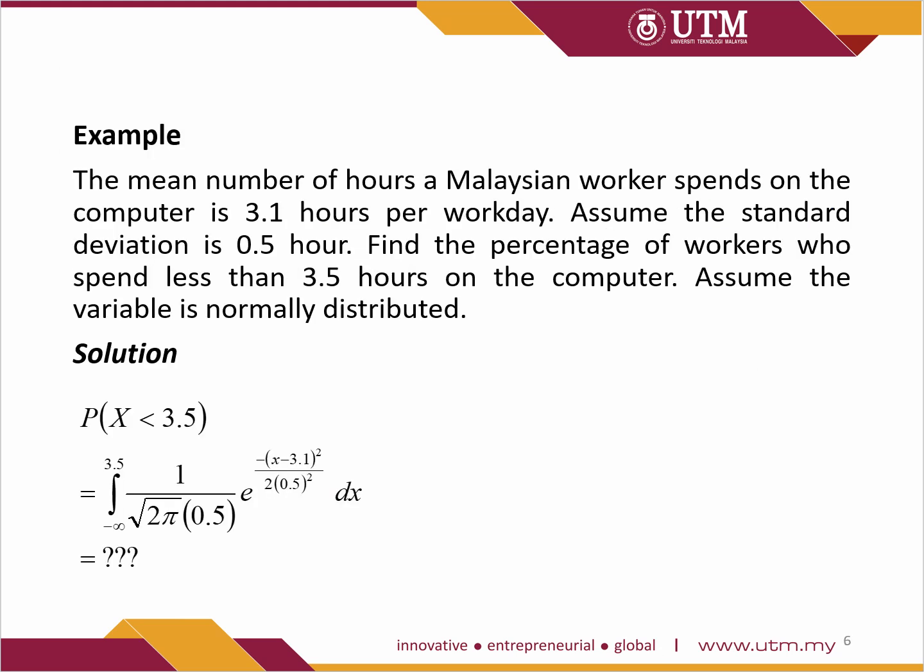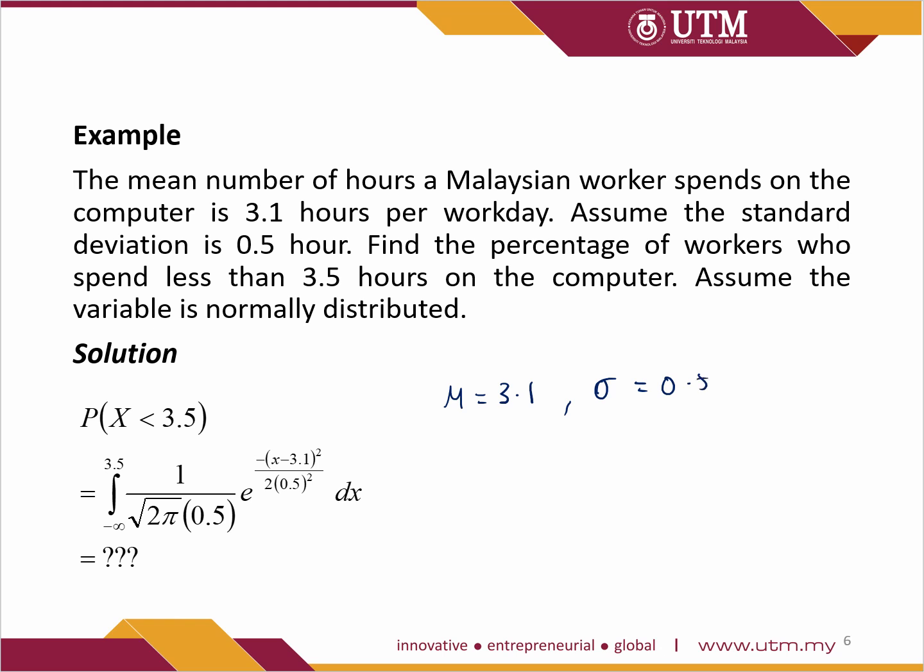So let's try this example. Given that the mean number of hours a Malaysian worker spends on the computer is 3.1 hours per workday. So here we have our mean, which is 3.1. And here we have the standard deviation, which is 0.5 hours.